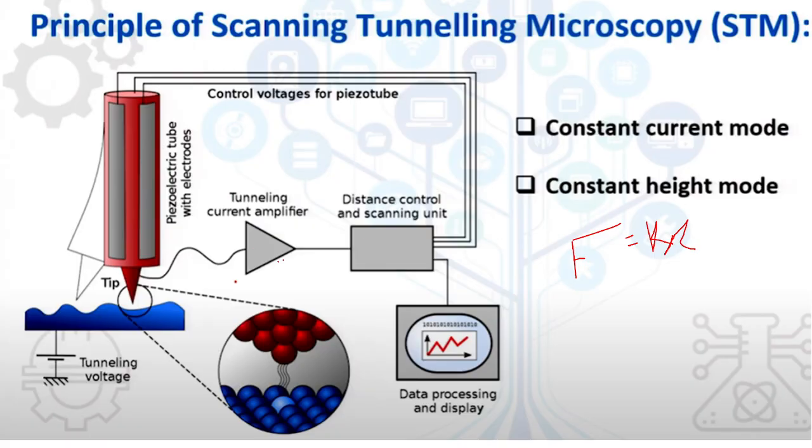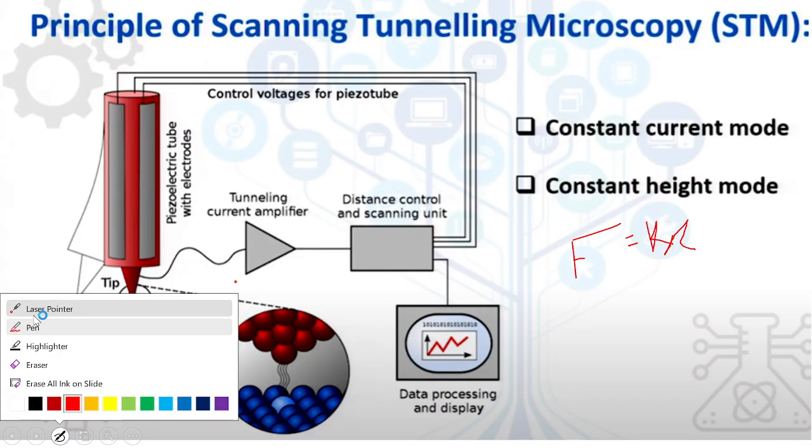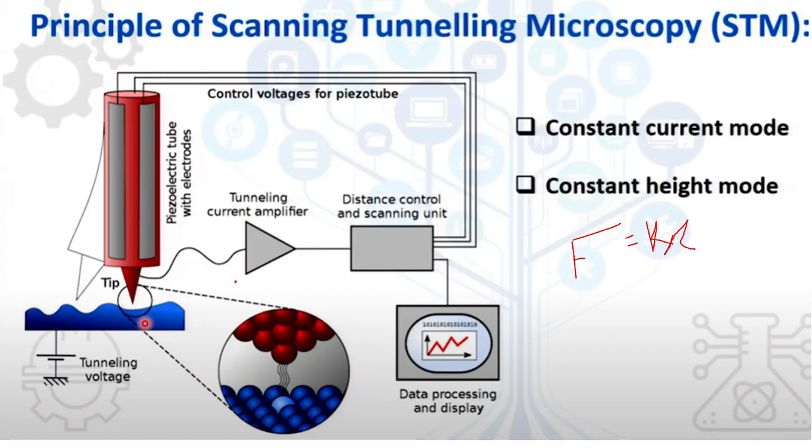When the probe moves, for example, if your surface is not absolutely smooth and there are different components on your surface, then based on the interaction, the amount of current will be different.